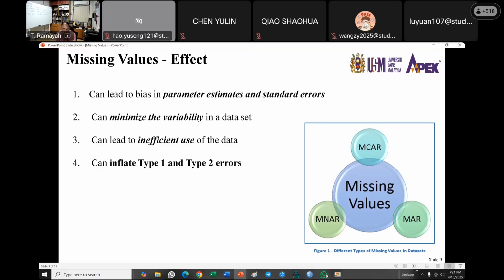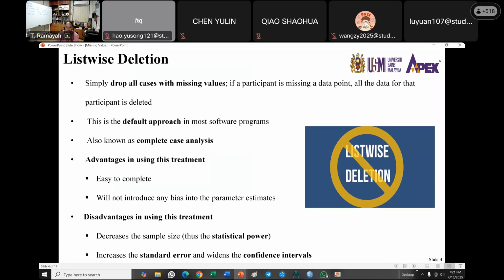For example, the income of the person is low, so he doesn't state the education level and the income. These two are actually correlated. That is what is called missing at random. The missing values are missing because of certain characteristics of the respondent. They don't want to disclose. So those are the three types of missing value you have.